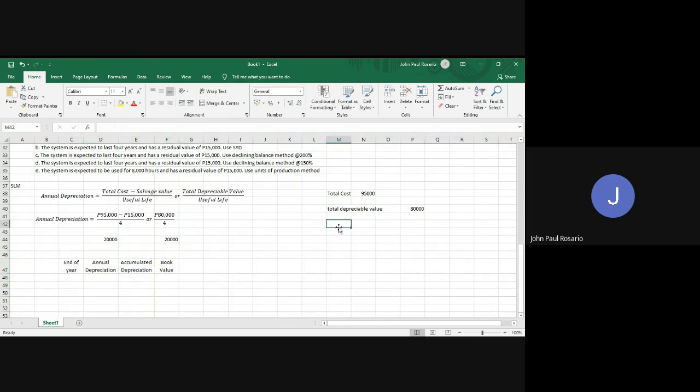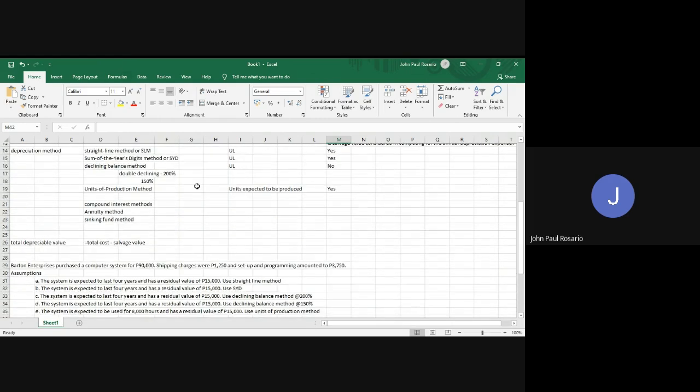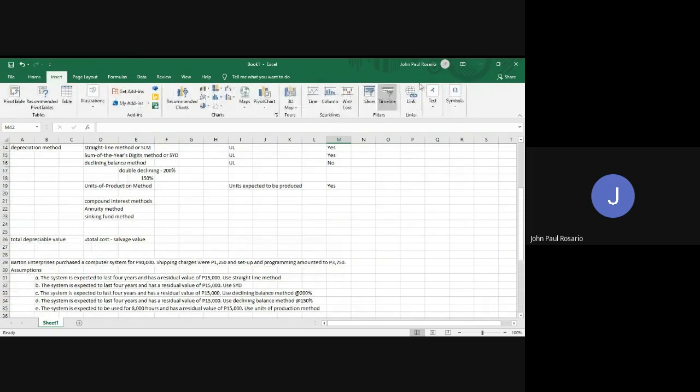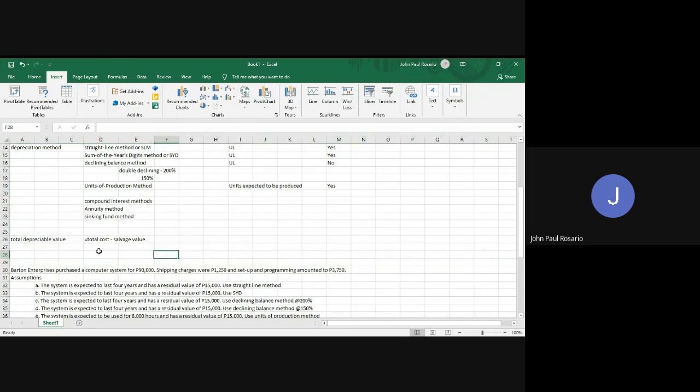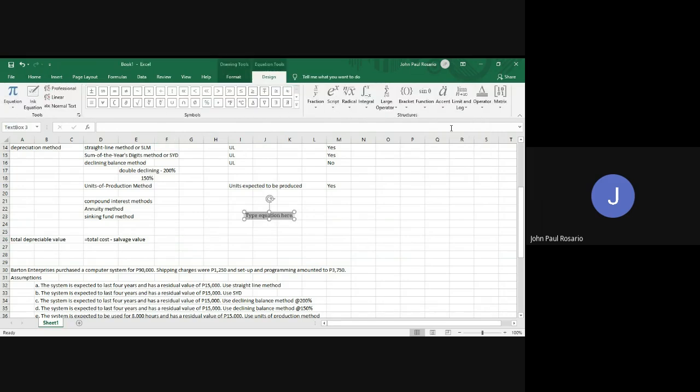For our book value, guys, let me insert muna our formulas. So total depreciable value is equal to total cost less salvage value.